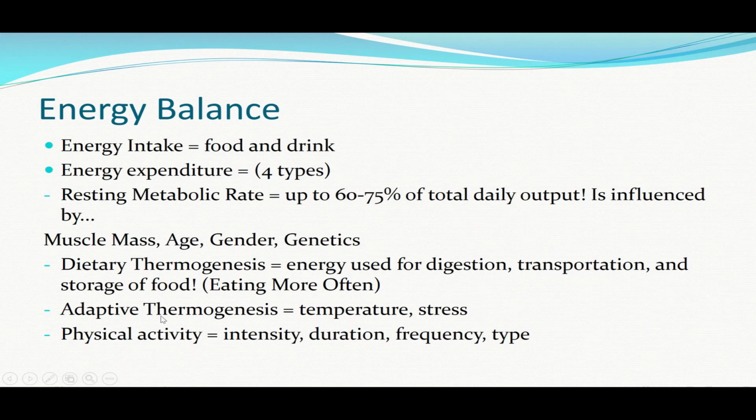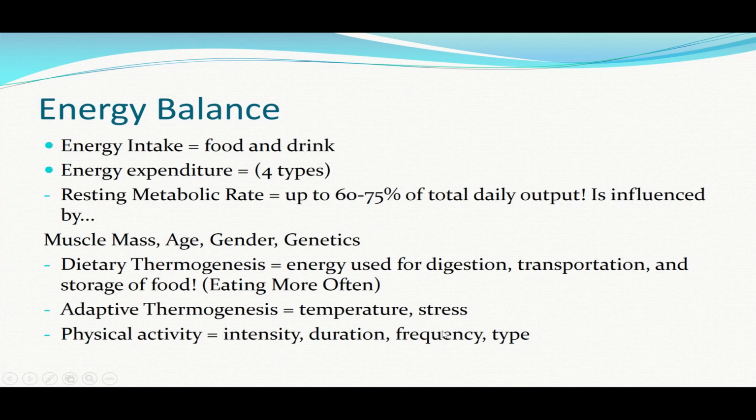Adaptive thermogenesis, this is where the environment can change, hence the word adaptive. For example, being in a low temperature environment could potentially increase our resting metabolic rate through, for example, shivering to increase your body's temperature. Even though the body's attempt to increase your body temperature by shivering is actually futile, it can still increase our resting metabolic rate, but certainly not by any significant amount.